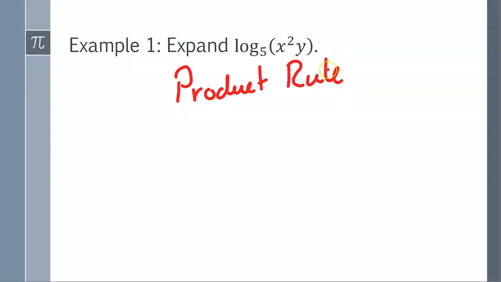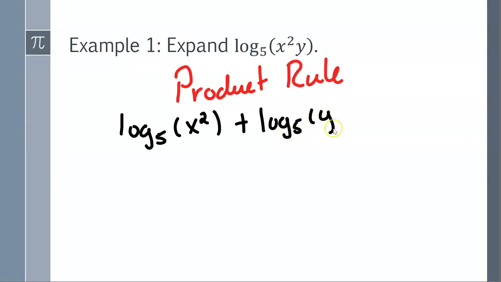So product rule, which just means I can separate what's inside the logarithm to log base 5 of x squared plus log base 5 of y. Now, from here, I need to check for the power rule, if I can.